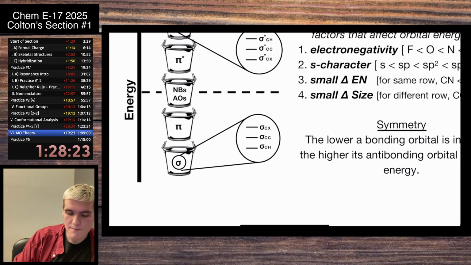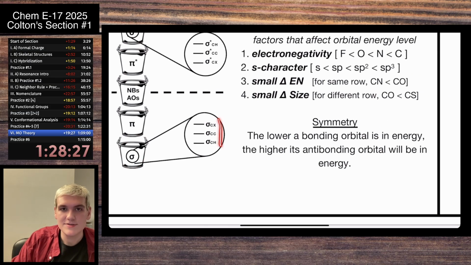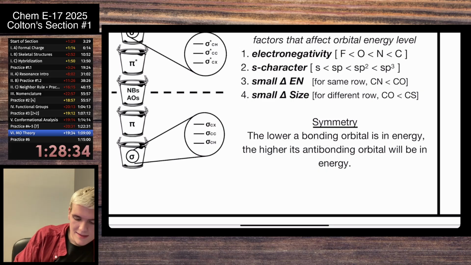And then within these buckets of energy, we have a few different factors that affect what makes things lower or higher in energy. The big things are our CHs are going to be lowest in energy, then our CCs. And then carbons bonded to other things are going to be higher.